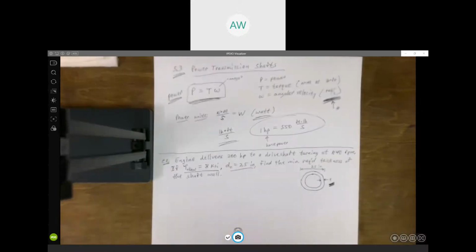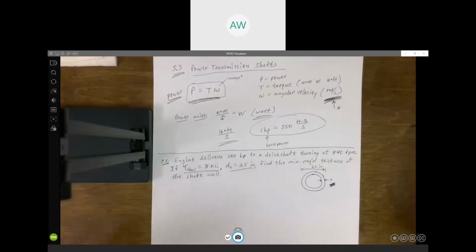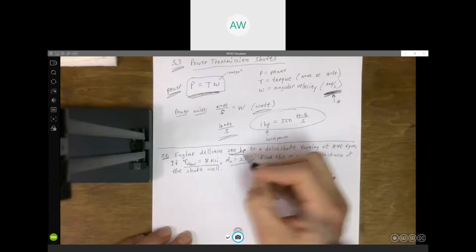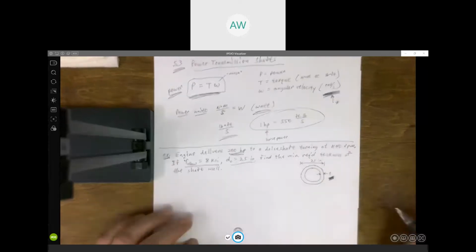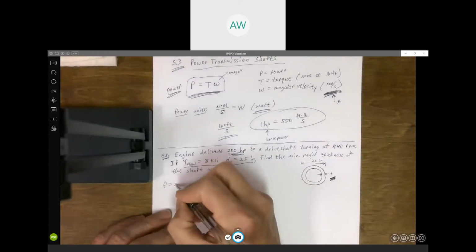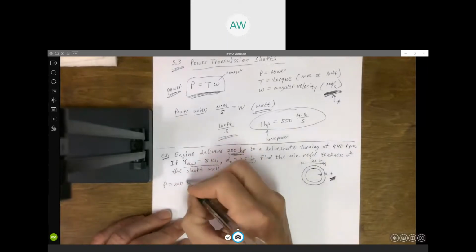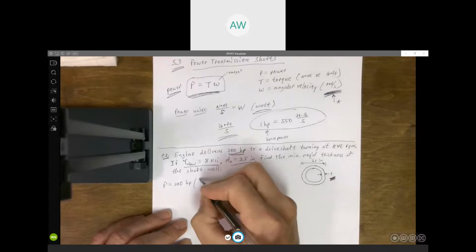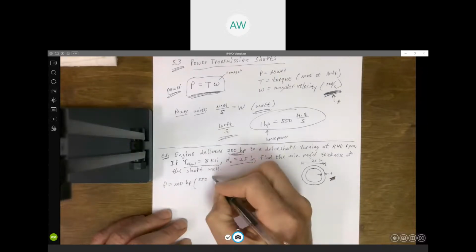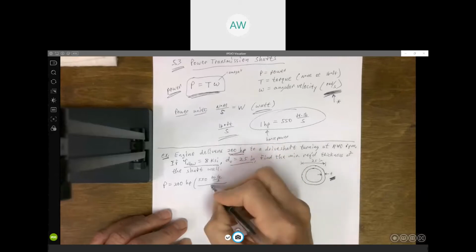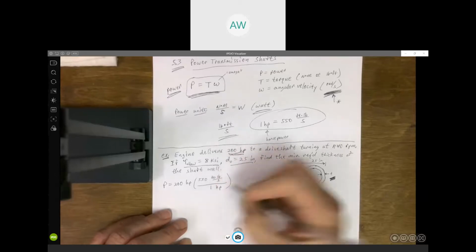All right, so we've got to do a couple of conversions here. One, the 200 horsepower, we need to get that in foot-pounds per second. So the power is going to be 200 horsepower, and we're going to multiply that times 550 foot-pounds per second per 1 horsepower.